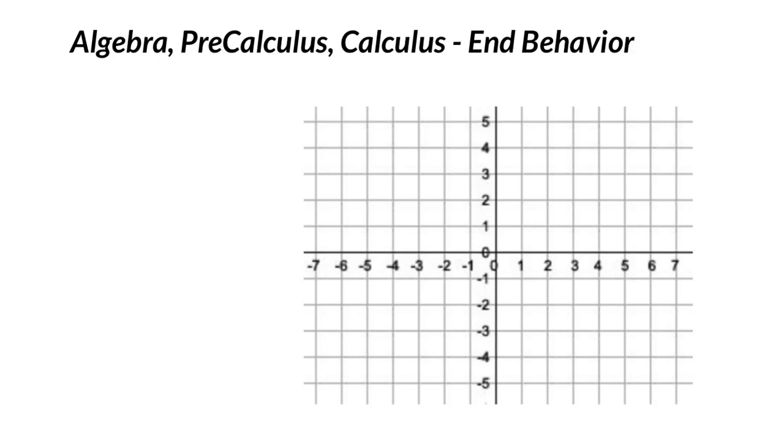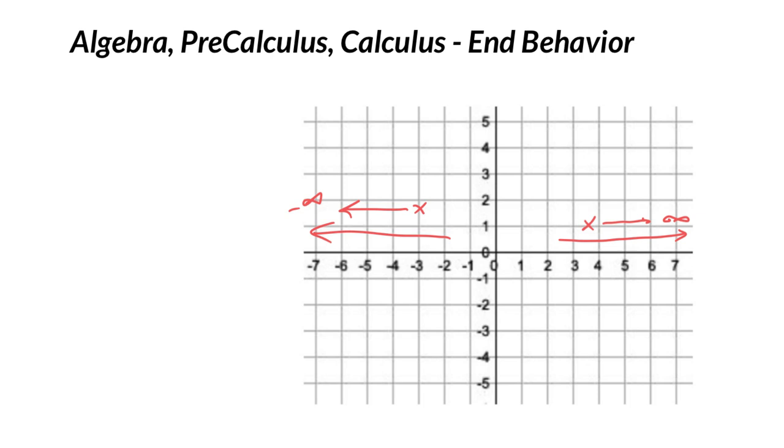The end behavior of a function has to do with what the function is doing as you go off towards infinity in either direction. So basically, as x gets bigger and bigger and bigger, and we sometimes say as it goes to infinity or as x goes to negative infinity, what does the function do?